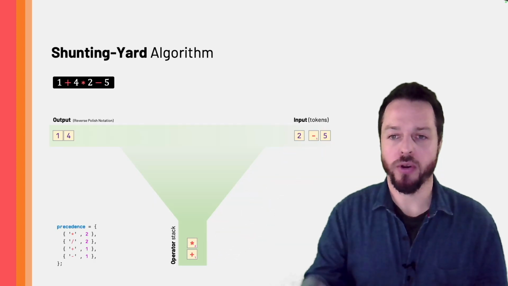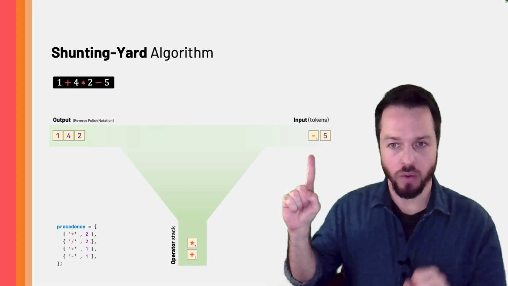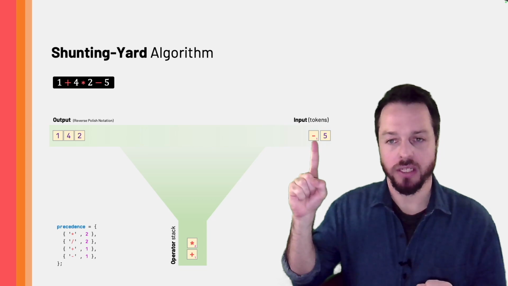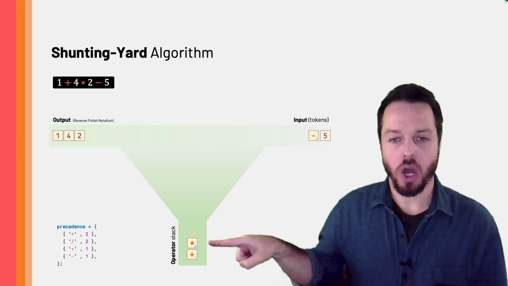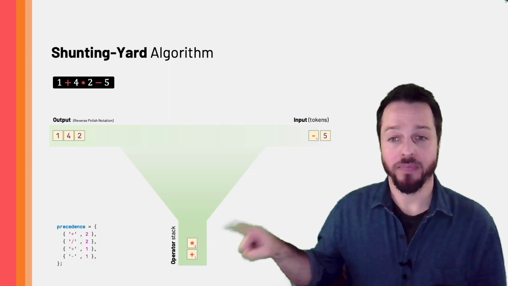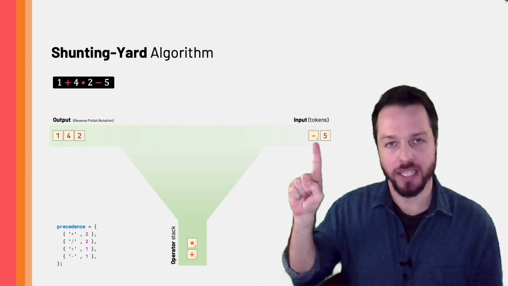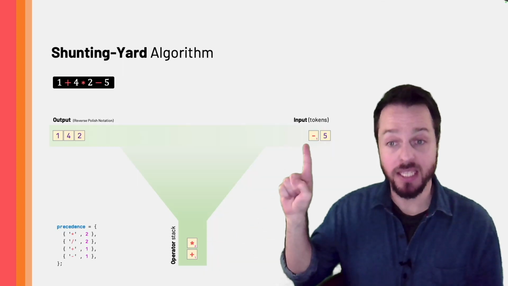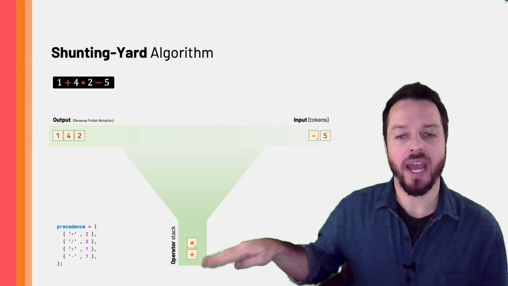Next one, number, super easy, goes straight to the output. Here is the heart of the algorithm. Subtraction. Is subtraction greater or lower than what is on top of our operator stack? Minus, right? Subtraction has a lower precedence than whatever is on top of the stack. So since it is lower, we're going to start to flush whatever we had right here.